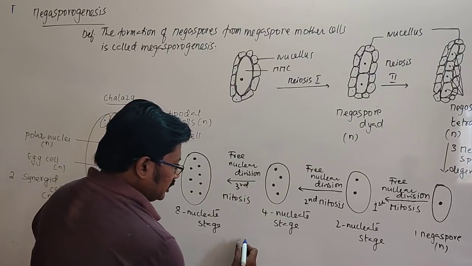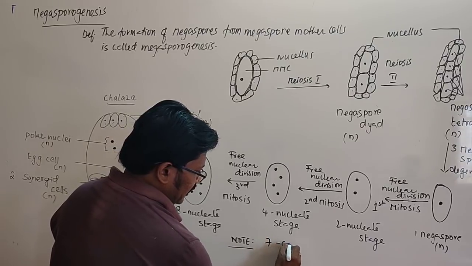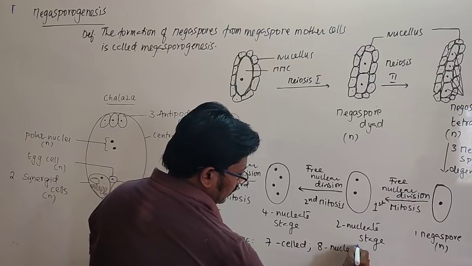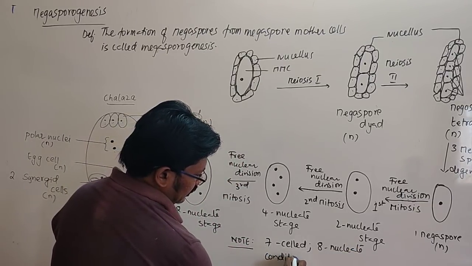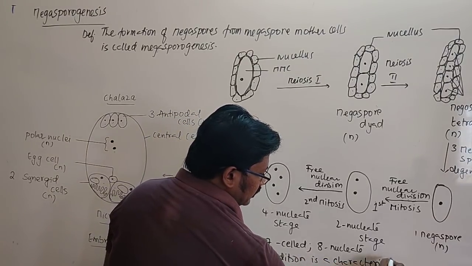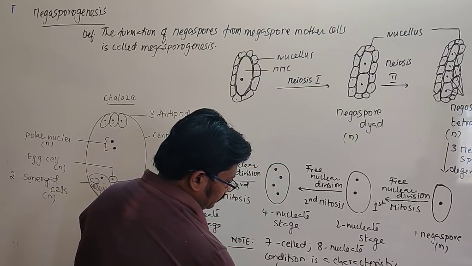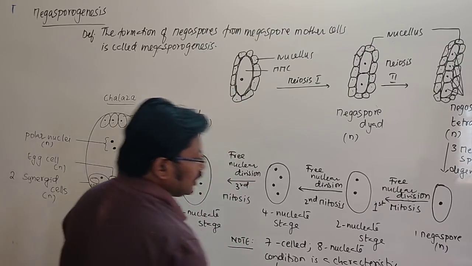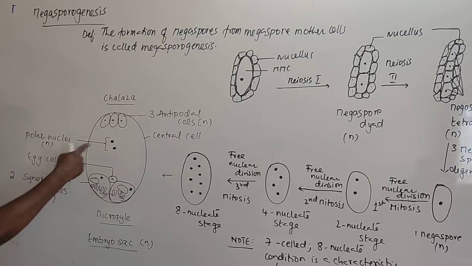As I mentioned here as a note, the 7 cell, 8 nucleate condition is a characteristic feature of angiosperms. Nowhere in the plant kingdom do you find this condition with 7 cells and 8 nuclei.